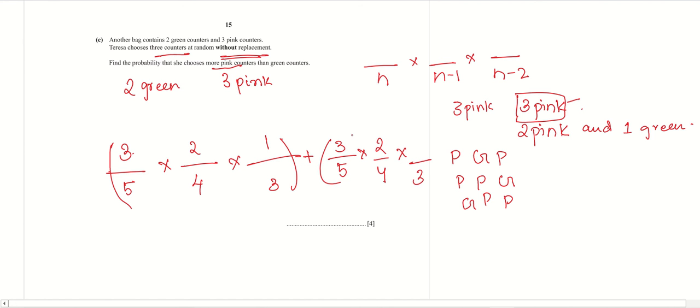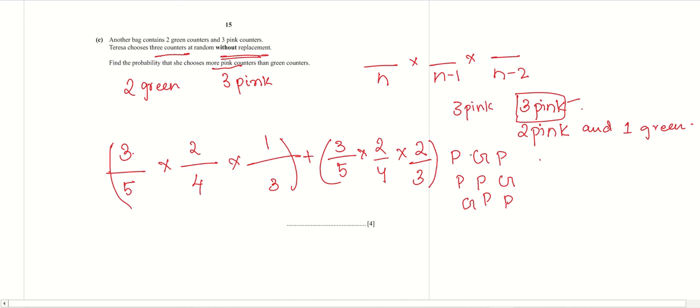The number of pink counters left in the bag is actually 2, so she has a probability of 2 out of 3 of choosing pink. So this will be your probability for 2 pinks and 1 green.